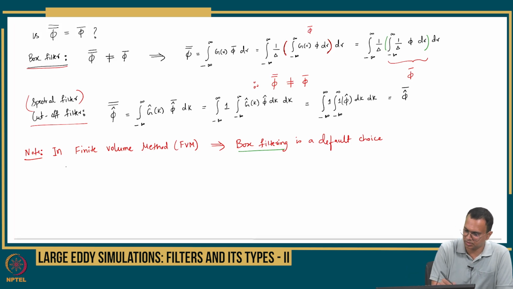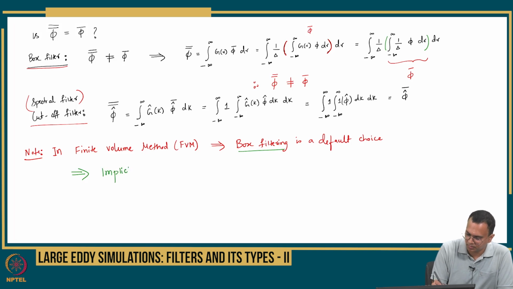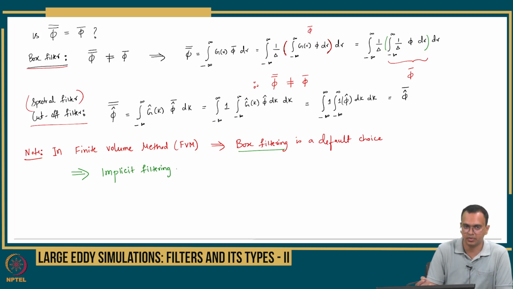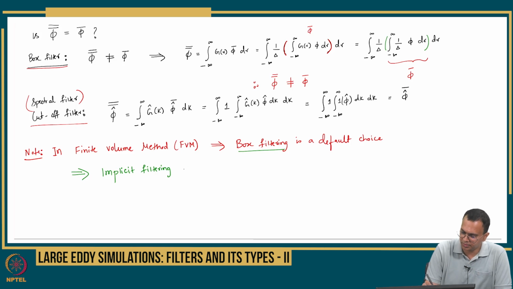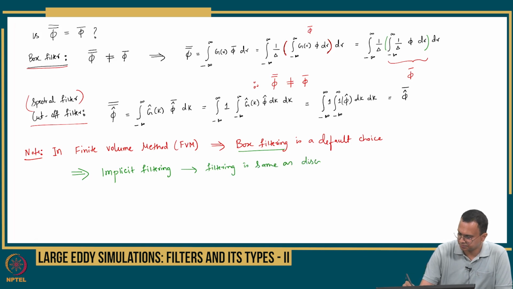And further, implicit filtering. Implicit means that you are not doing an extra filtering operation here. So what this implicit filtering means is filtering is the same as discretization.